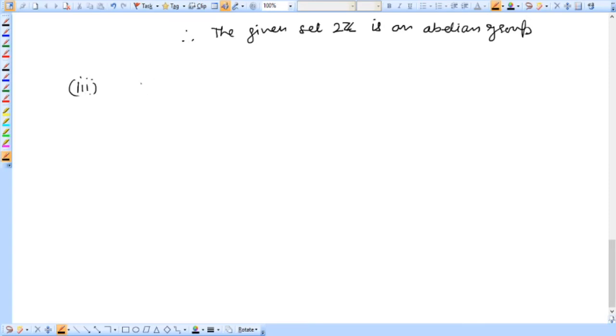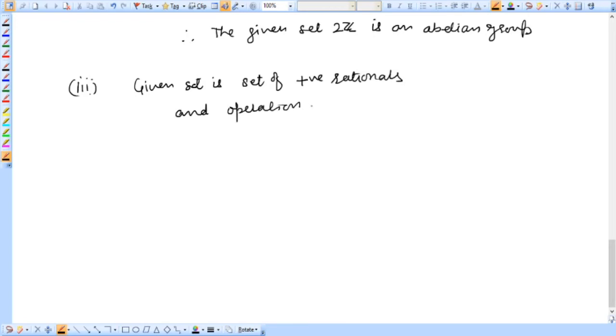See here, the given set is the set of positive rational numbers, and the operation star is defined as a star b is equal to ab by 2, right?